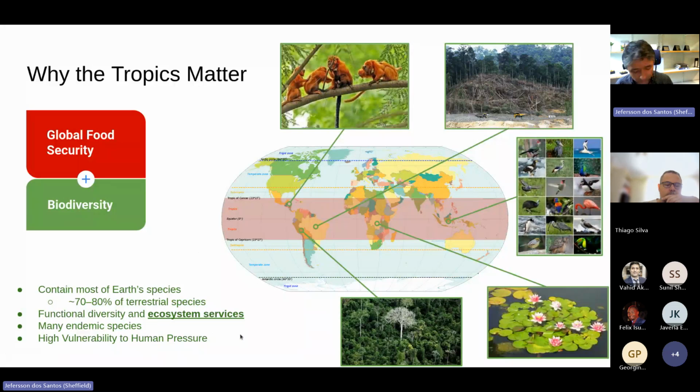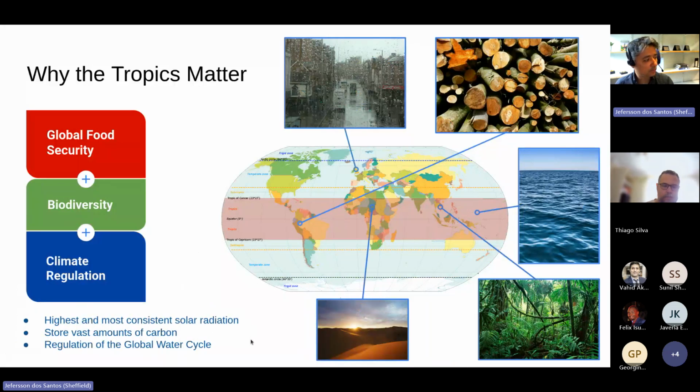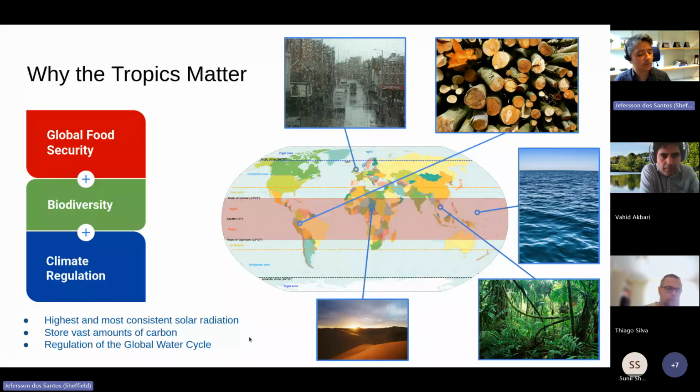Since most of them are developing countries, there is pressure for changing the environment in these places, both for agricultural or industrial aspects. And also the climate regulation. We have the highest and most consistent solar radiation in these areas. It stores vast amounts of carbon, and it helps to regulate the global water cycle.